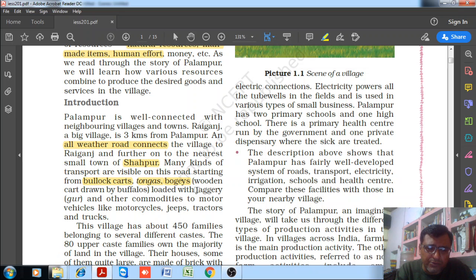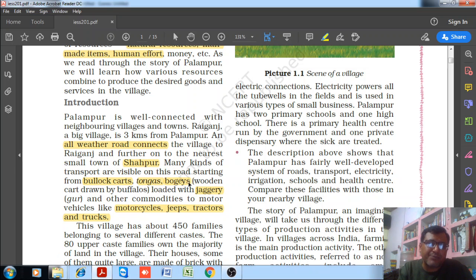Jaggery means gud, which we produce in agricultural areas with the help of sugarcane, and we usually eat it in winters. Gud, and other commodities, to motor vehicles. Motor vehicles means those which are run with the help of engines, like motorcycles, jeeps, tractors, and trucks.